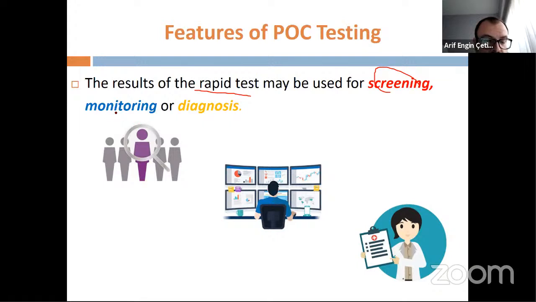For example, with glucose tests, you can monitor the glucose level in your blood daily. For diagnosis, for example in COVID-19, the POCT test gives you a positive or negative result. So screening and monitoring can be used as a daily test to evaluate your symptoms related to a disease, while diagnostics are like on and off tests which give you direct information about the disease.